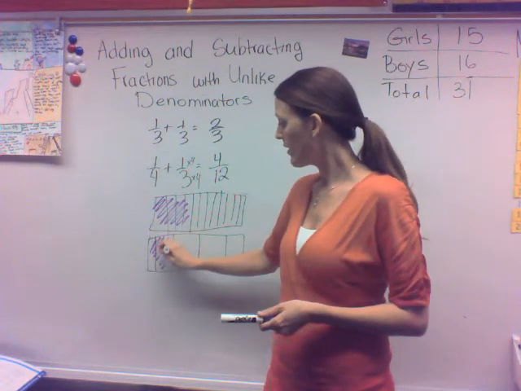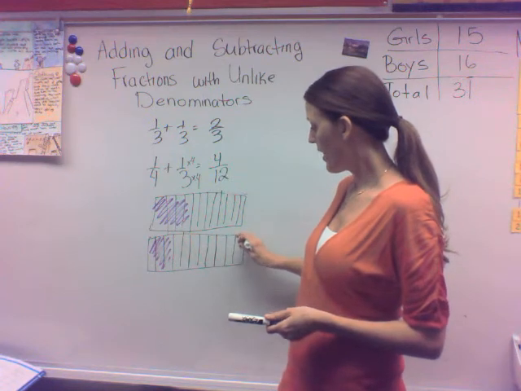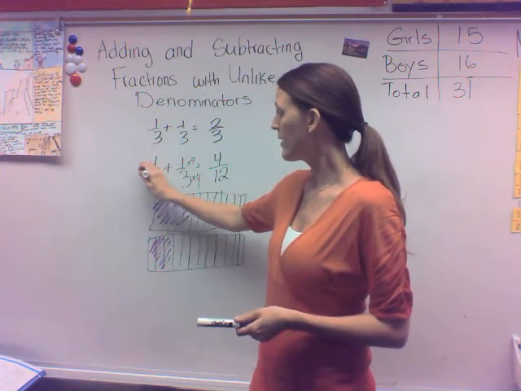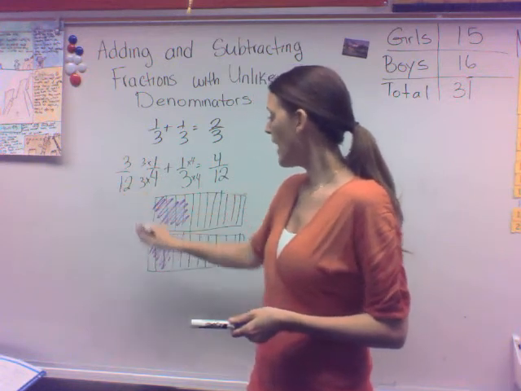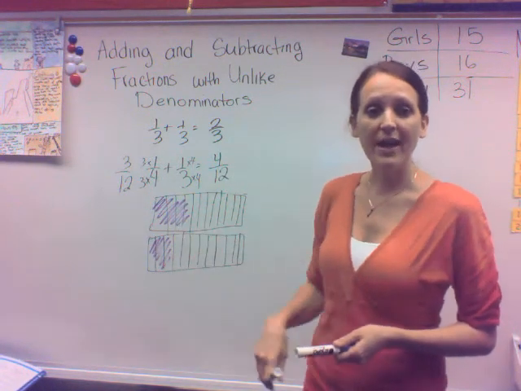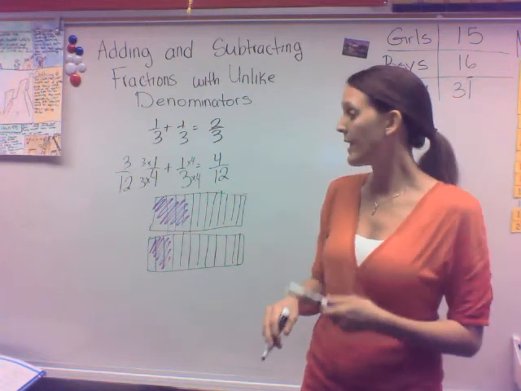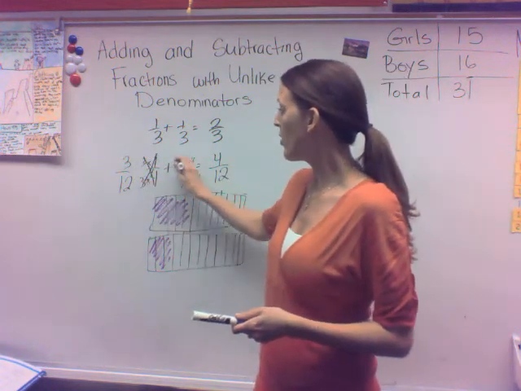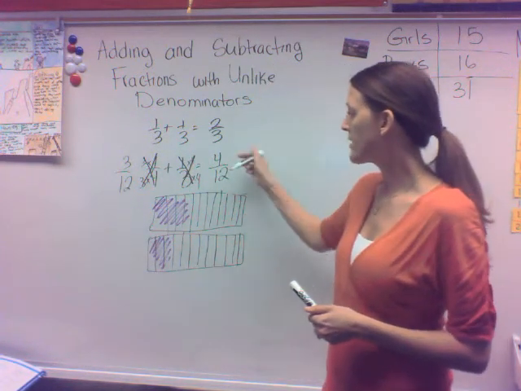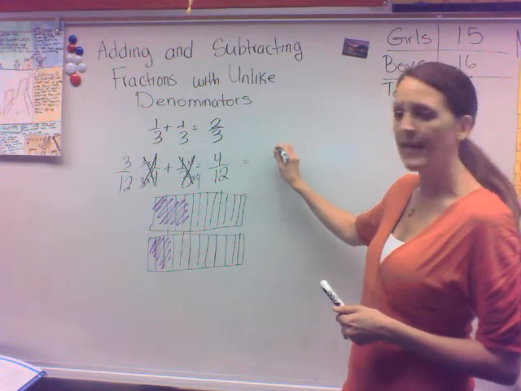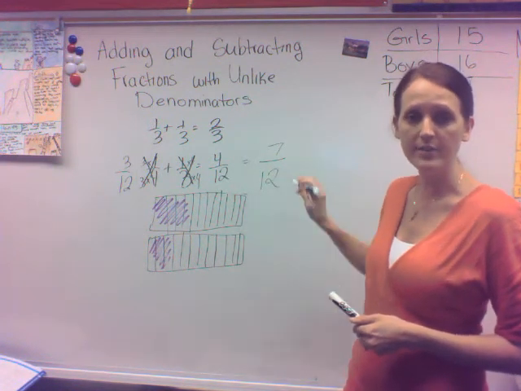And down here, I'm multiplying each one by 3 to get 3/12. And now you can see that I'm working with the same size pieces, and now I can add them together. I'm no longer working with these numbers, and now I know I have 3/12 plus 4/12, and now I can do my simple addition of 7/12.